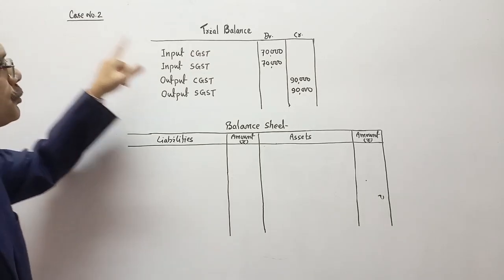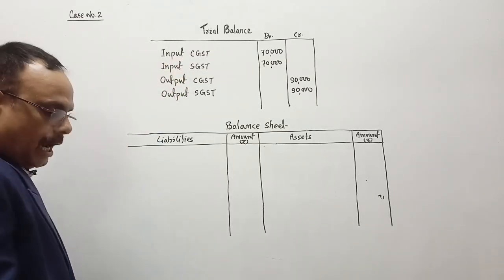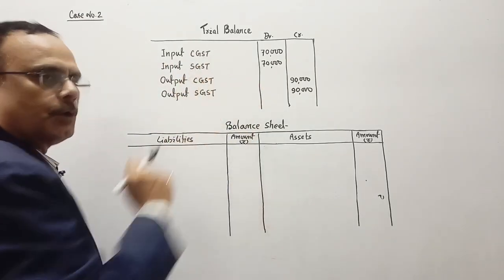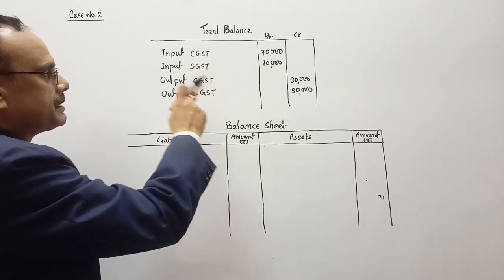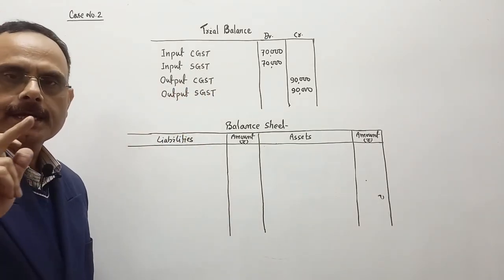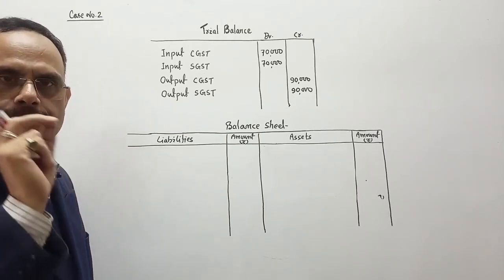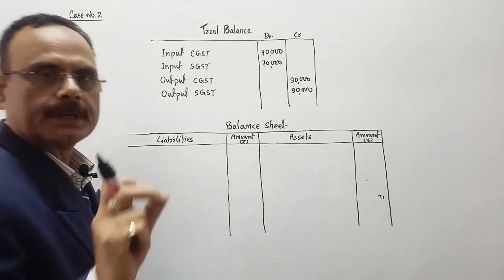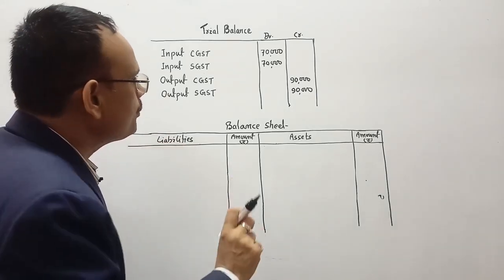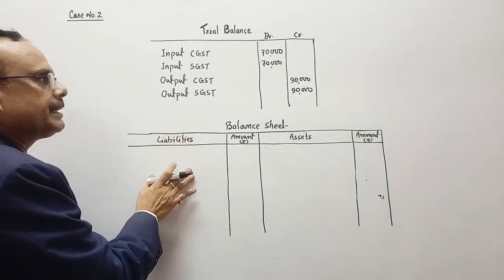Case number 2. When the output CGST is more, means CGST collected by the business is more and CGST paid by the company is less, then that will be shown in the liability side.